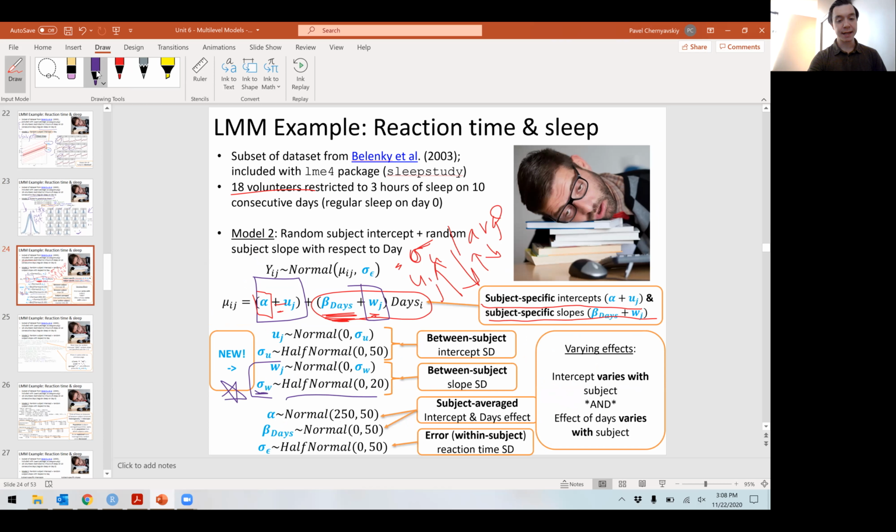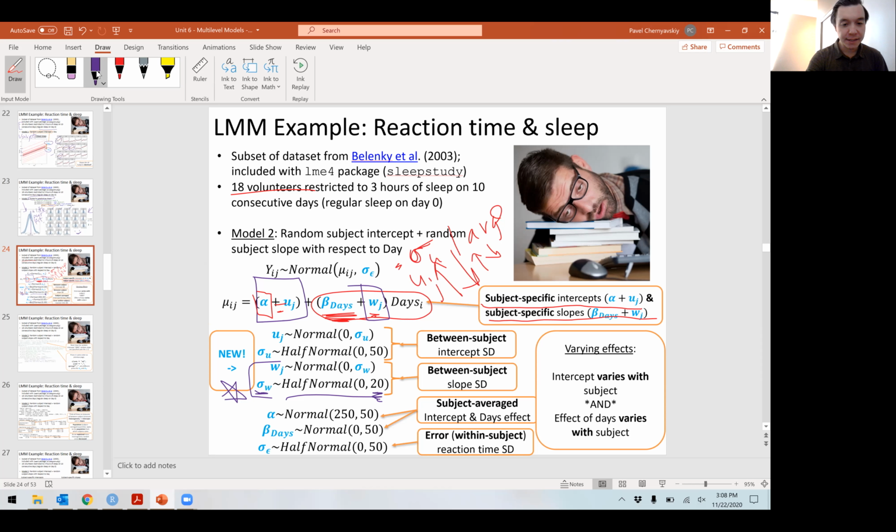But you will notice that we often have to set the between slope variance to be lower than the between intercept variance. And that makes sense. Intercepts capture initial conditions, and slopes capture associations. And it's very rare that the difference between associations, the difference in growth, for example, are as large or larger than the difference in initial conditions.